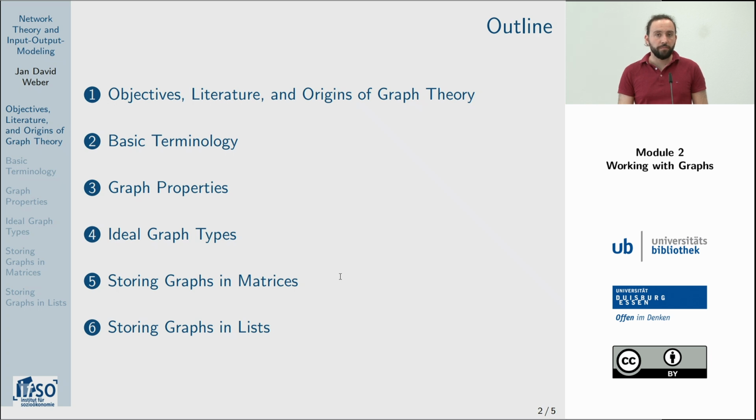And we will talk a little bit about graph properties in the third video, where you have to keep in mind specific aspects like, oh, this happens, I've seen that before, just so you're familiar with things and can recognize them again. We talk also about ideal graph types, not in the sense of, oh, this is what we want to achieve, but these are specific basic graph types that you will encounter in real life quite often.